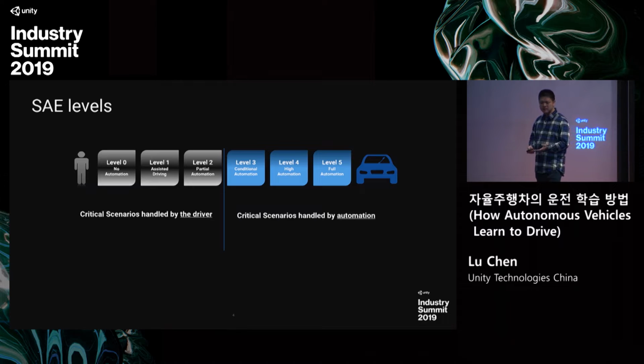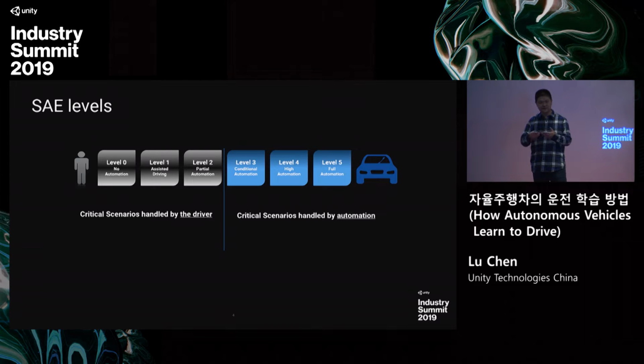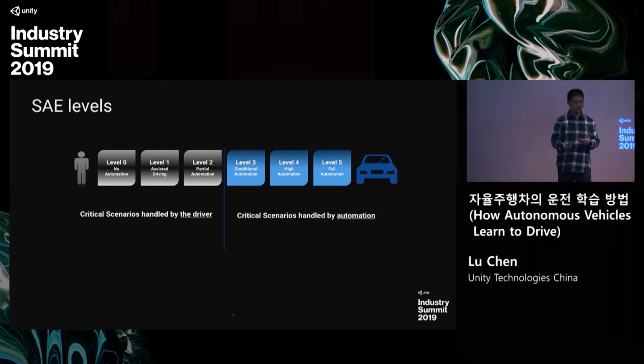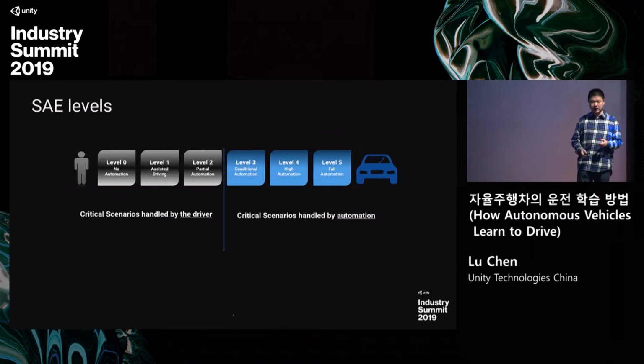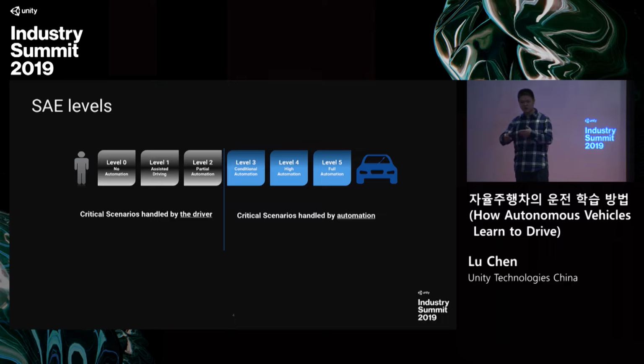Level 1 has some automation, like adaptive cruise control. Level 2 is smarter, and can help you change lanes or brake. Actually, intelligent vehicles in production nowadays belong to level 2. For example, Tesla Autopilot also belongs to level 2.